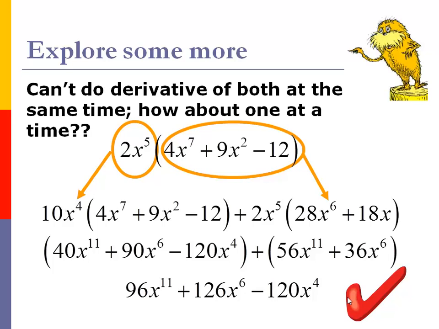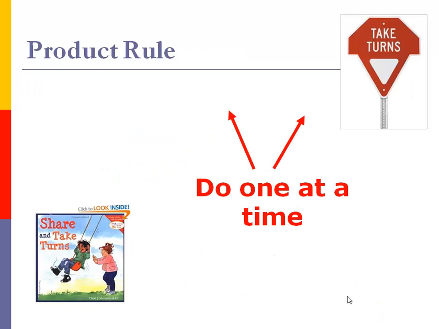That's exactly what we got before doing it the long way, if we multiplied the 2x to the fifth through first. So what I'm trying to show you in this example is that if we do the derivative one at a time, singly, individually, we end up getting the right answer. Going one at a time is the key theme here.